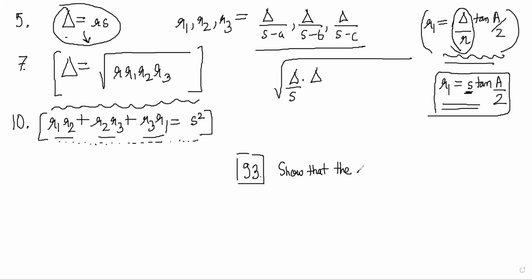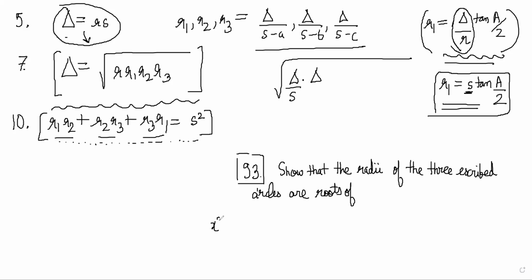Show that the radii of the three escribed circles are roots of the equation x cube minus x square times 4R plus r, plus xs square minus rs square is equal to 0. So if you can, you should remember this equation.